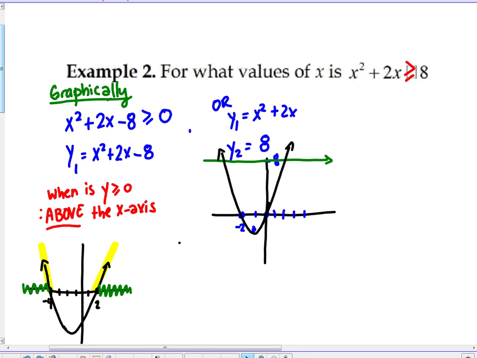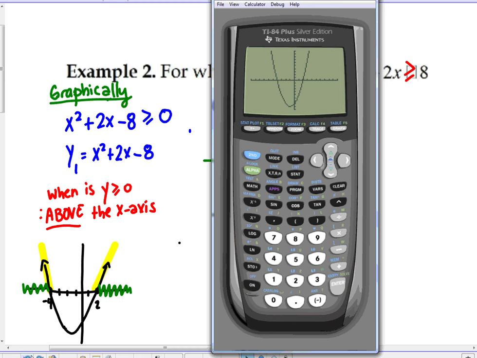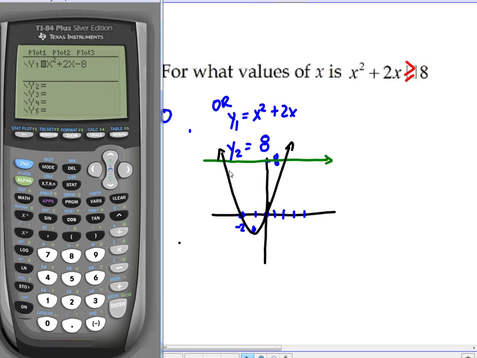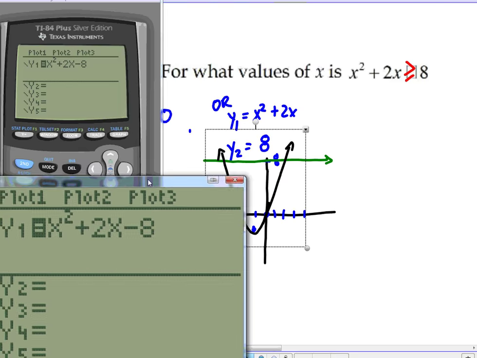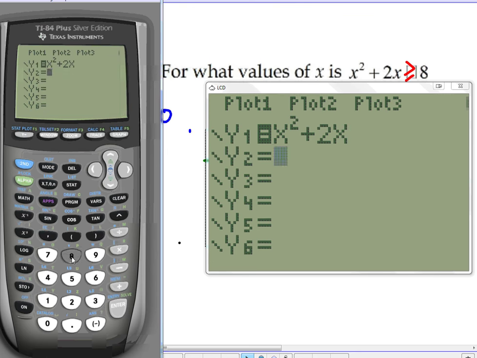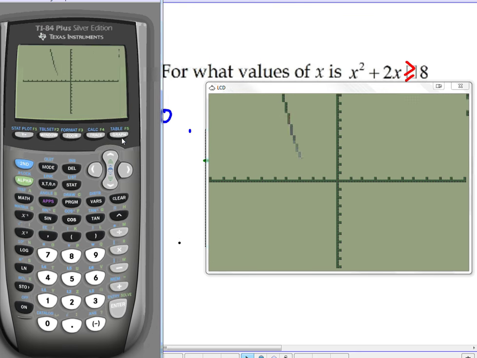So same idea in your graphing calculators. This one is nice because you can use the intersection feature. X squared plus 2x. Get rid of the minus 8. Okay, so delete that, and then we have line equals 8. And so we want, when is the parabola greater than the line?